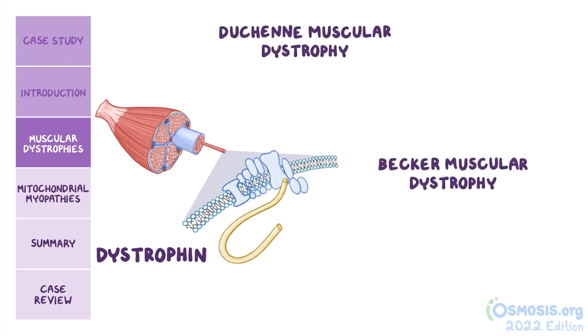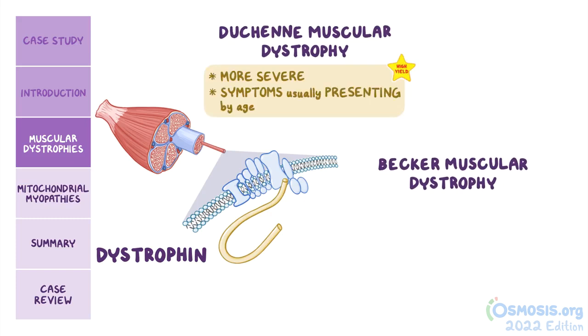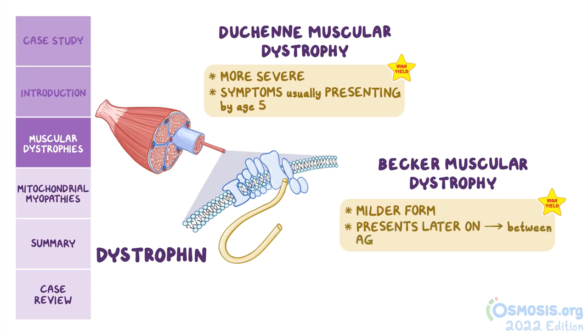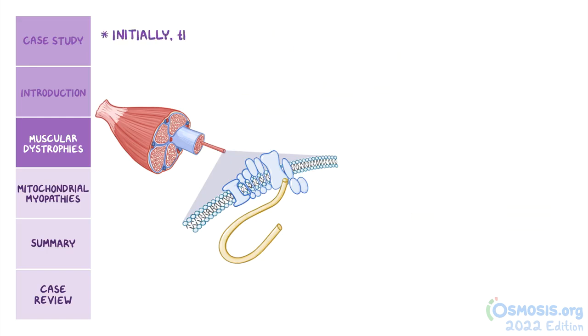So what's especially high yield is that Duchenne ends up being the more severe of the two, with symptoms usually presenting by the age of 5, while Becker is basically a milder form of Duchenne that presents later on, usually between the ages of 10 to 20. In both disorders, initially, there's muscle regeneration to compensate for the muscle degeneration and weakness.